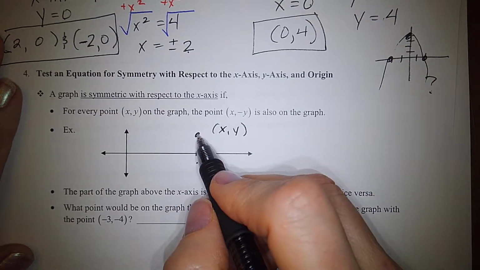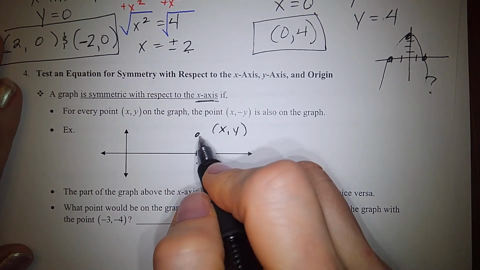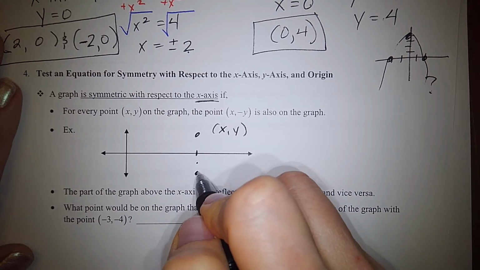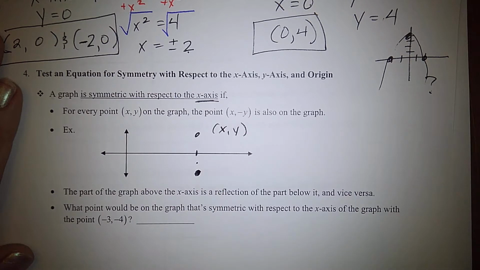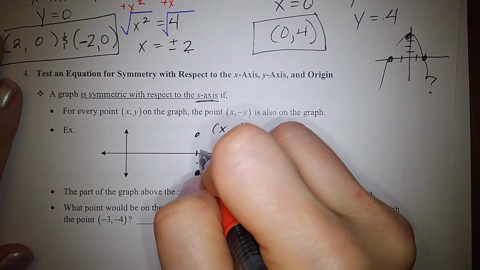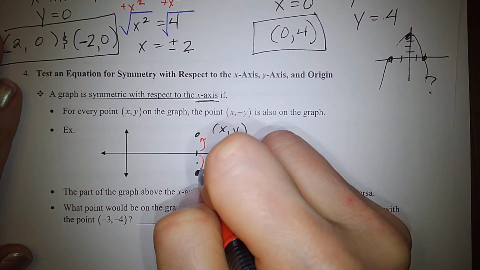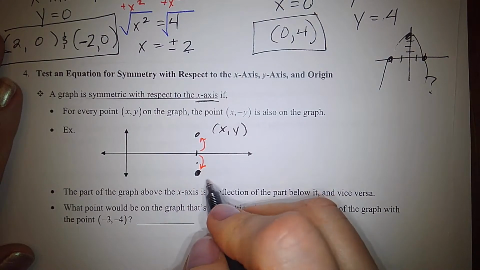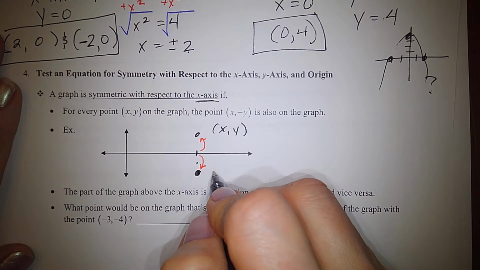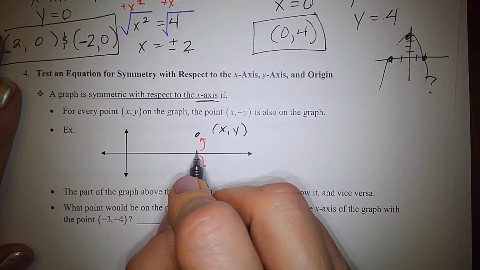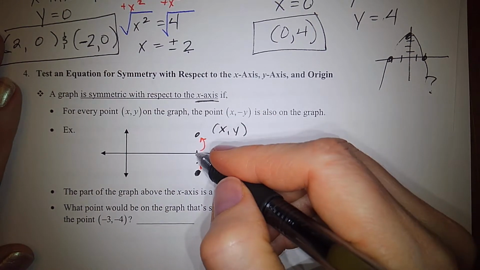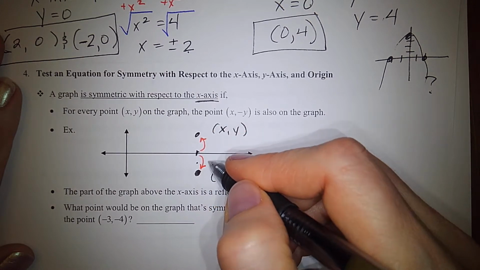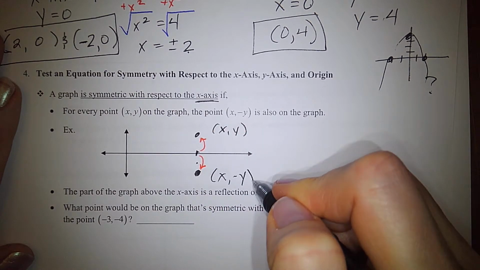A point that will be symmetric about the x-axis means the exact same point will be on this side of the x-axis, meaning it will be the exact same distance away from the x-axis, like a mirror image of each other. The coordinates of this point will be the same in the x direction, but instead of a positive y, it's going to be a negative y.